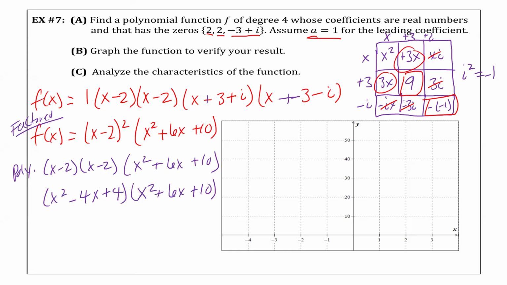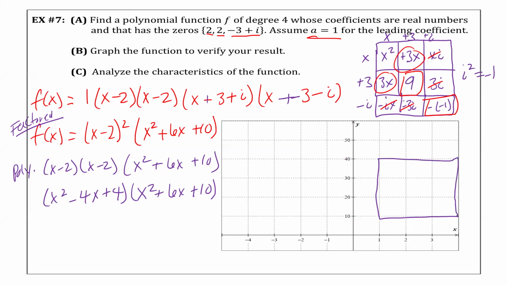I take negative 4x, multiply it times x squared, multiply it times 6x, multiply it times 10. And then you repeat the process until every term in the first trinomial has been multiplied by every term in the second trinomial. Okay? How you choose to do it is up to you. If you are a visual learner, I'm just going to use the boxes that are on this table to model it for visual learners.